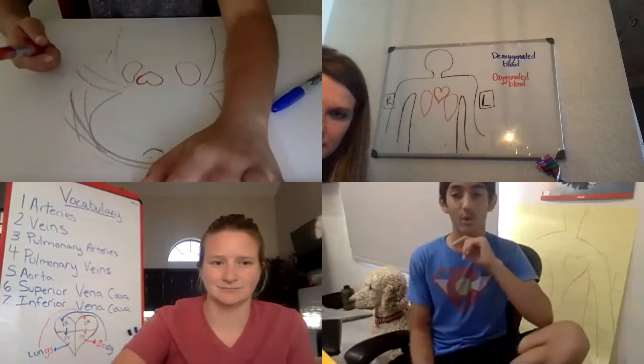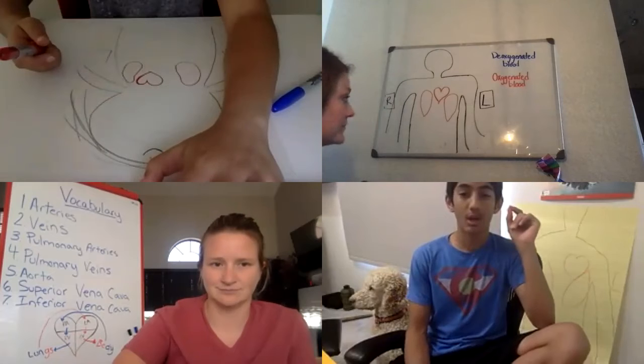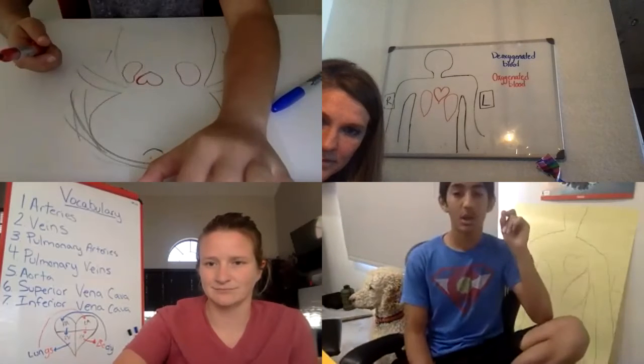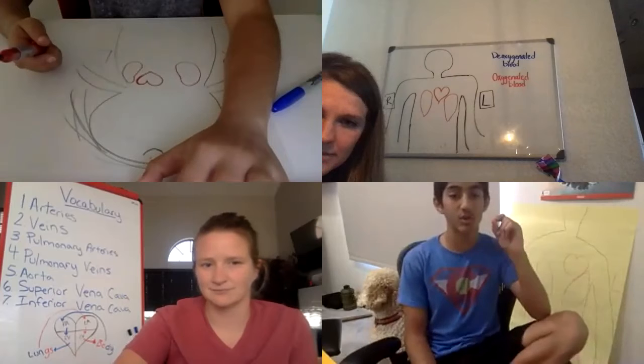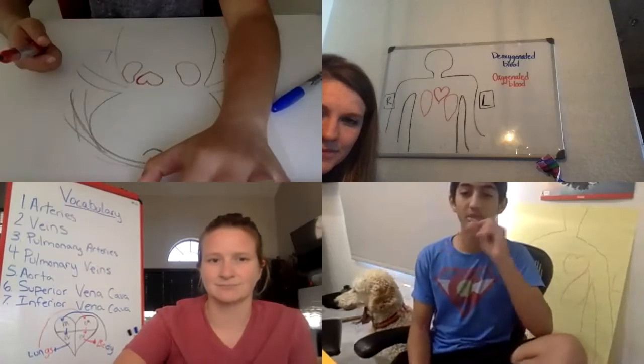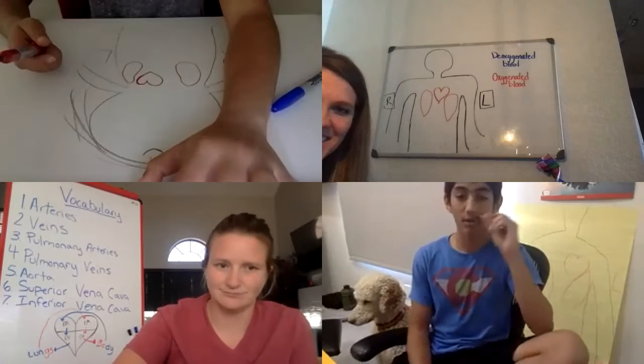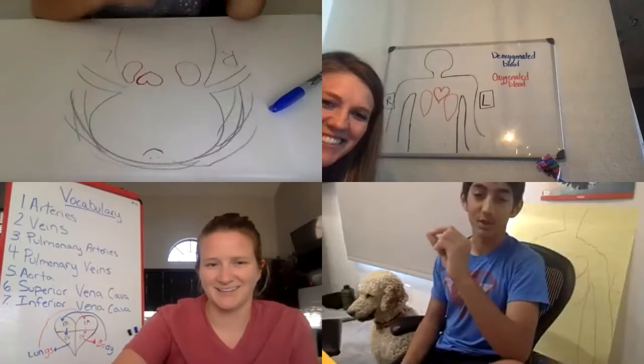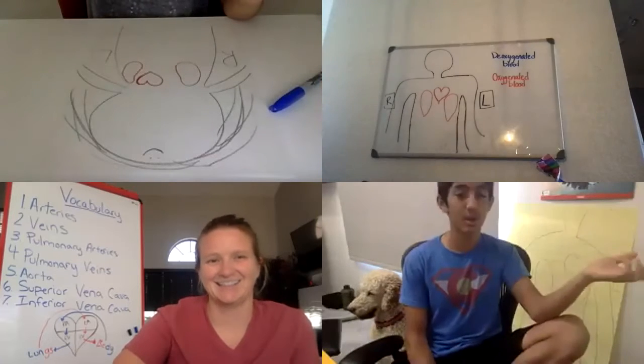The right ventricle pumps the oxygen-poor blood to the lungs so that it can pick up oxygen. The left atrium receives oxygen-rich blood from the lungs and pumps it to the left ventricle. The left ventricle pumps the blood to the rest of the body.